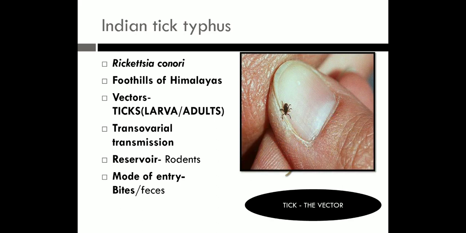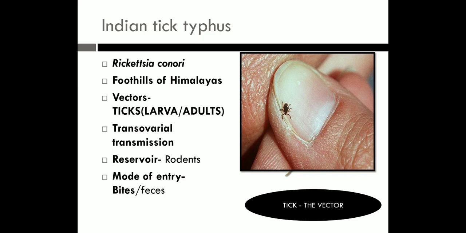Clinically, in this variety, you will observe an eschar. This eschar is observed at the site of the bite of the tick, and the disease is more severe in patients with comorbidities such as diabetes, alcoholism, or heart failure.